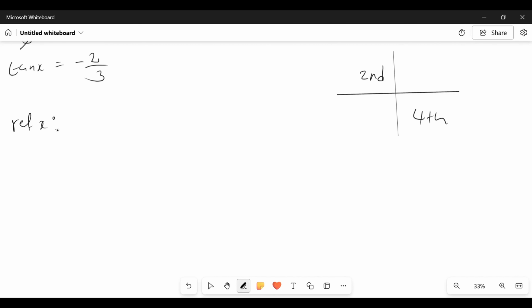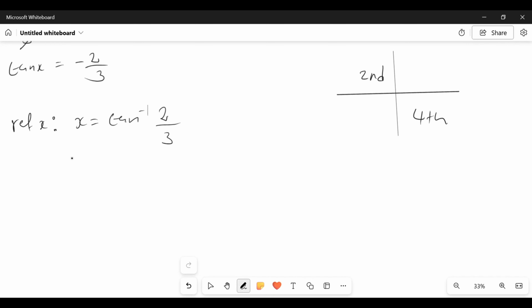When you find the reference angle, guys, we do not include the negative part of that 2 over 3. So you're going to say x equals arc tan. Instead of writing the negative, remember we are looking for the reference, so you're not going to include it. It's going to be 2 over 3.